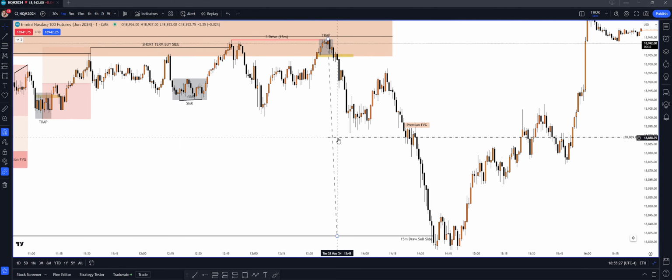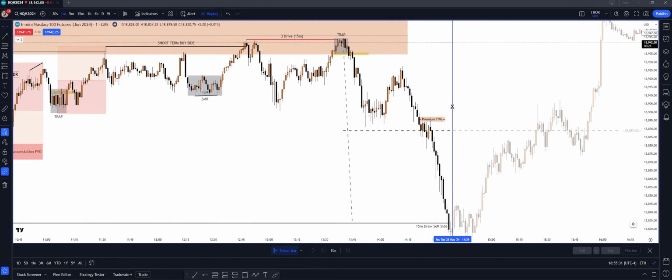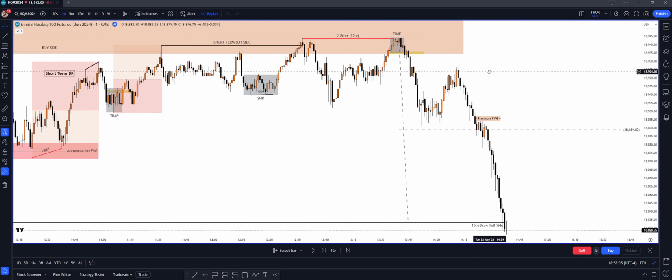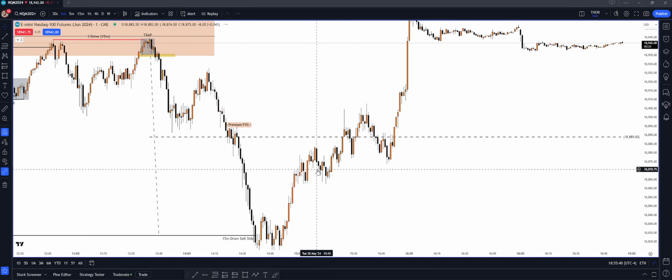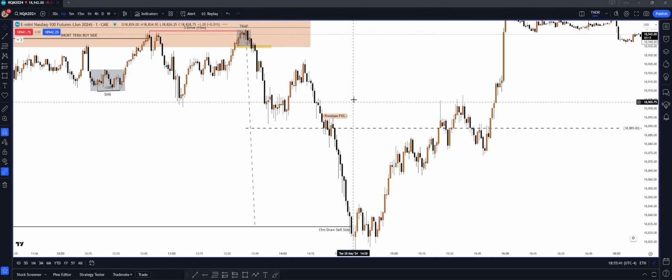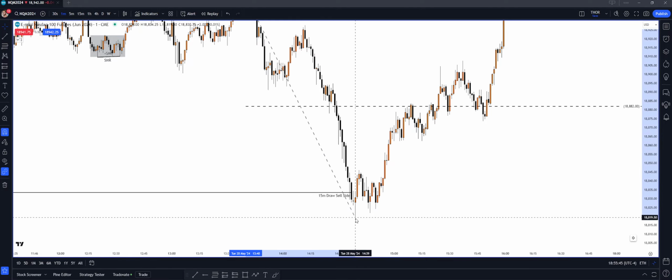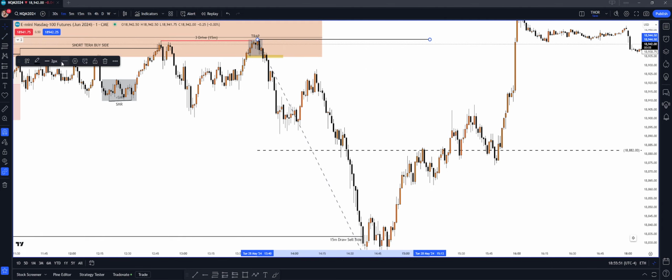Now you have, oh, hold on, actually, let me take a screenshot of this. Okay. So the sell side was taken out. I'm going to clear everything. Now we have a new dealing range. The low all the way to the high. Now we have buy side here, which is clean highs.